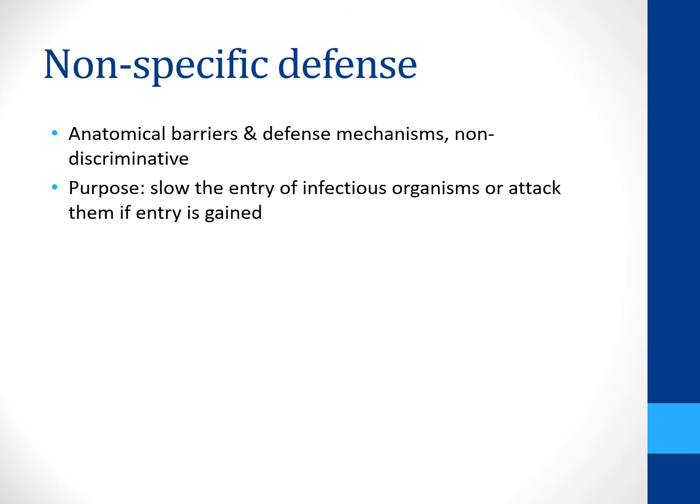And then hair, which helps to protect your eyes and other mucous membranes from invasion. So they all work to keep pathogens out of the body. It also includes a cell called the natural killer cell, which is a phagocytic cell, and it's a type of lymphocyte. We're going to learn more about that later on.